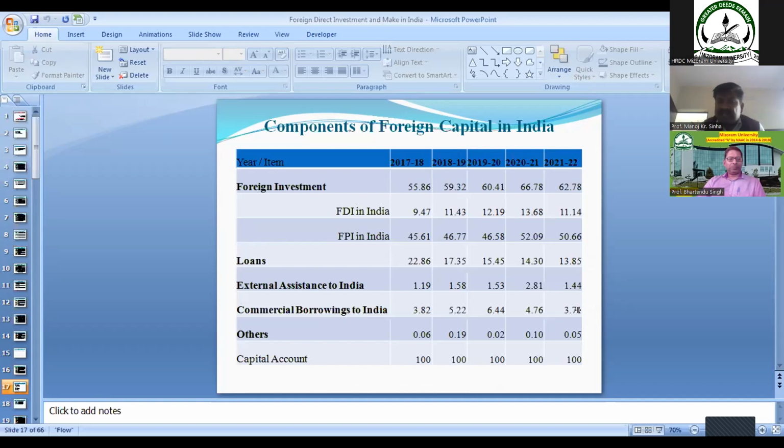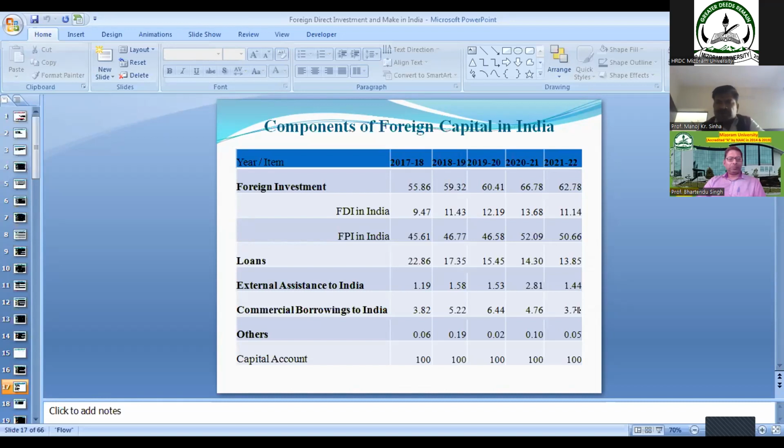More than 11% of the total foreign capital in India is in the form of FDI, and more than 50% of total foreign capital India is getting in the form of foreign portfolio investment.